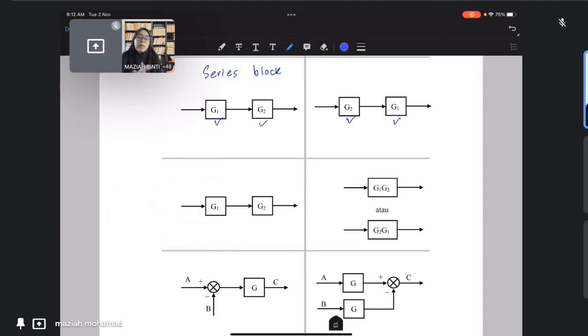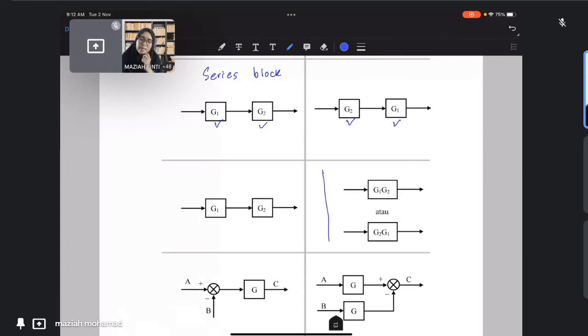It will be the same, right? After simplification, it will become one block only, where you need to multiply both blocks together. So for a series block diagram, we multiply, therefore we have G1 G2 or G2 G1. It is the same. All right, that is the first rule.